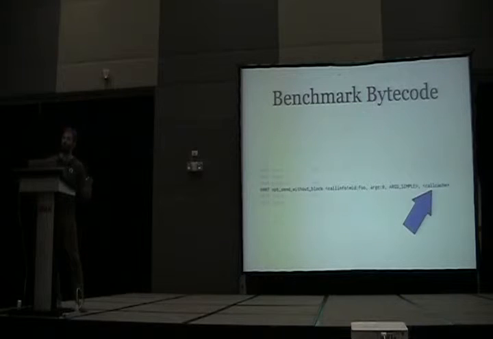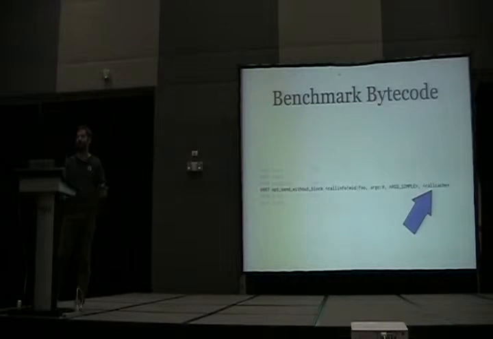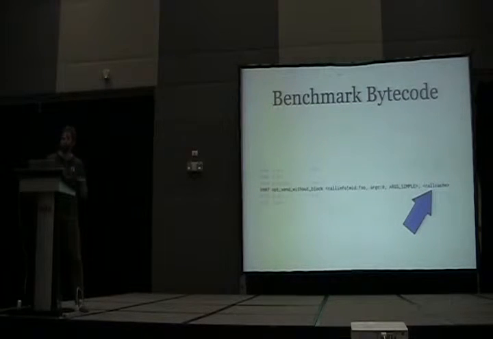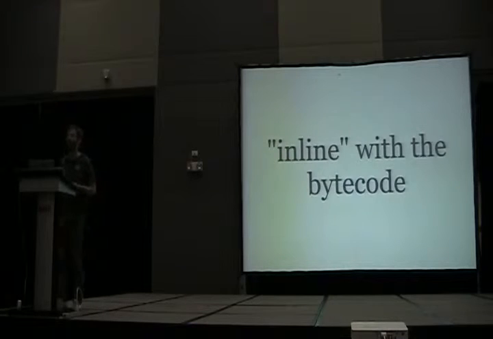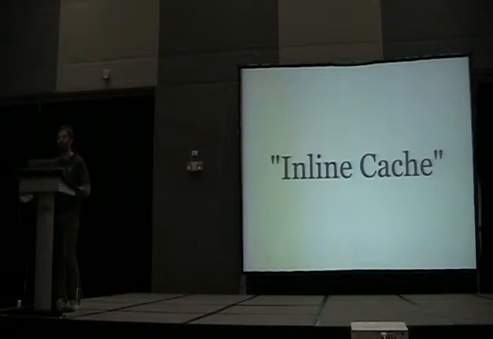We look up that method and cache it someplace, and the place that we cache it is actually in the bytecode itself. So the cache is in line with the bytecode. In other words, we can call this an inline cache.